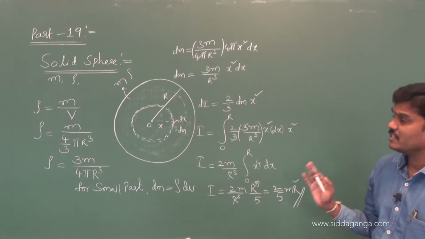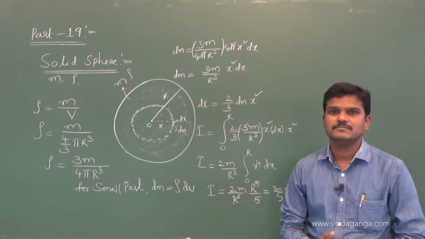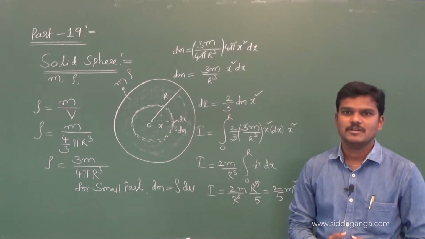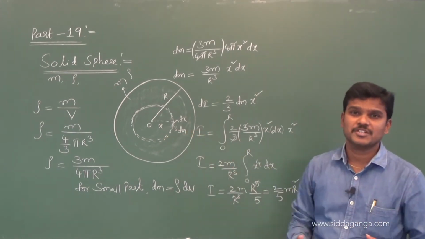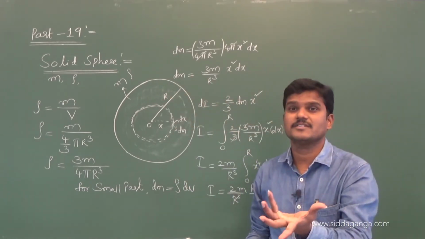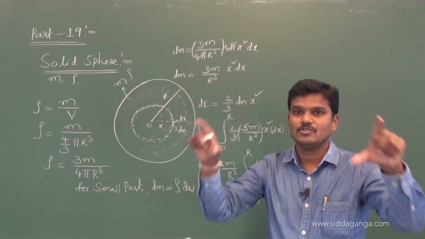See how I started the derivation again. I considered a solid sphere of mass m, radius r, density rho, and I took a small portion. If you take that small portion outside, inside the solid sphere, at a distance x, you will get a hollow sphere.